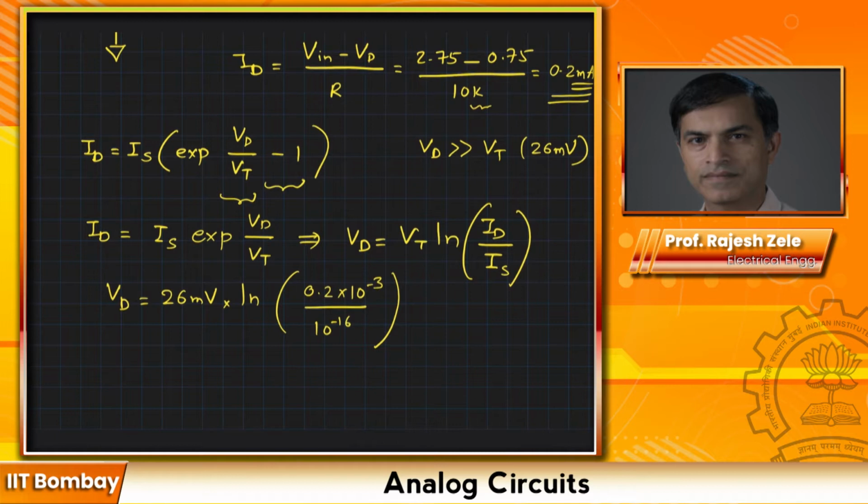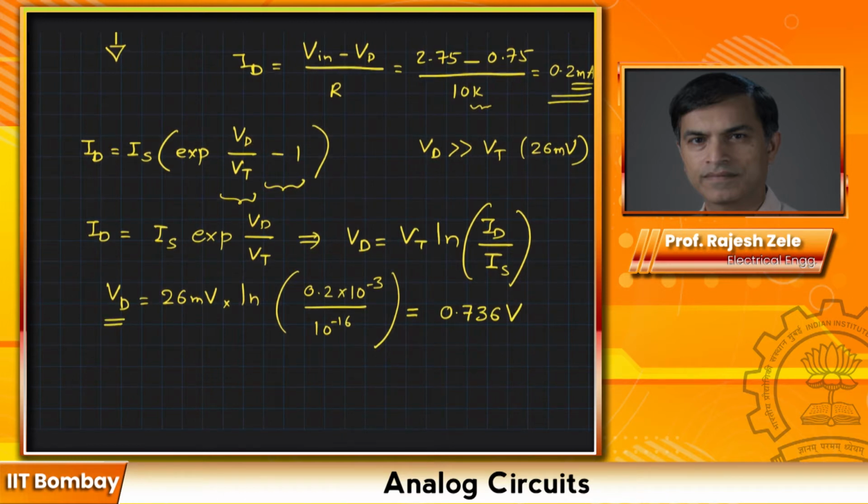Now I'm going to pause here for you to do the calculation yourself. I hope you got the answer right, which is 0.736 volts. That's our VD.